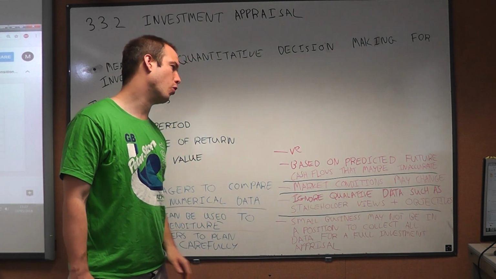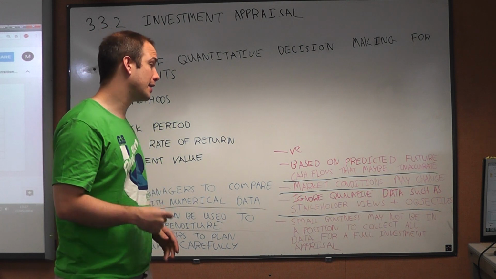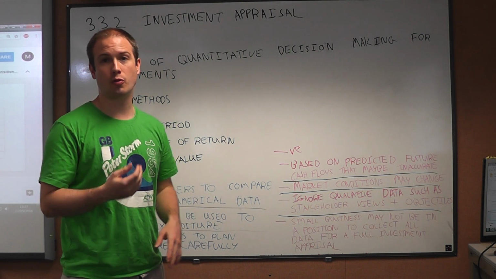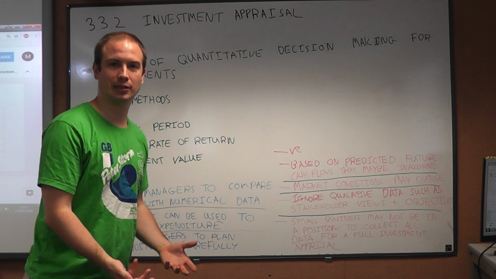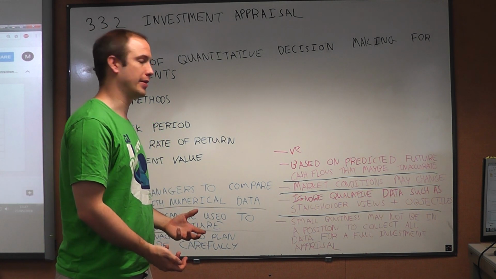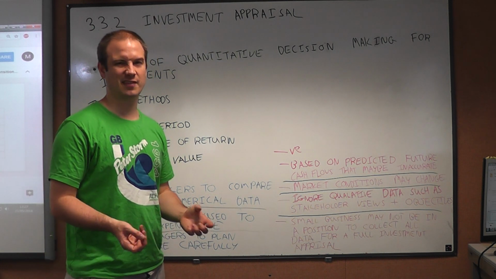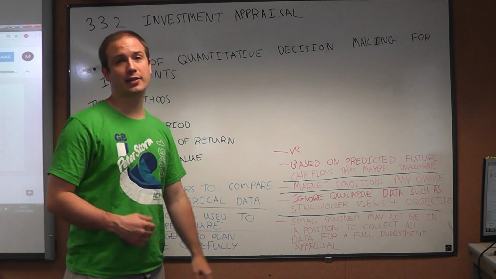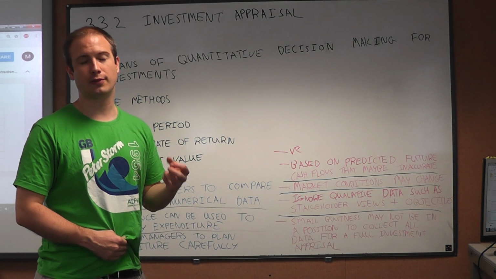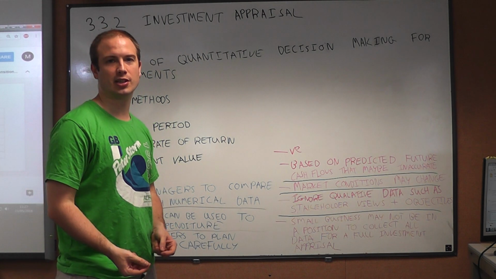They also ignore qualitative data such as stakeholder views and objectives. So it's not going to consider the ethical implications of an investment. That won't be taken into account by the investment appraisal. It purely looks at cash flow and numerical factors. And also, with having to calculate those future cash flows, there may be a lot of resources involved, a lot of market research and things like that.